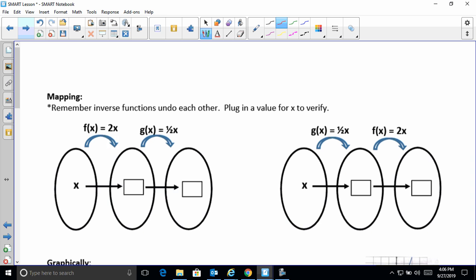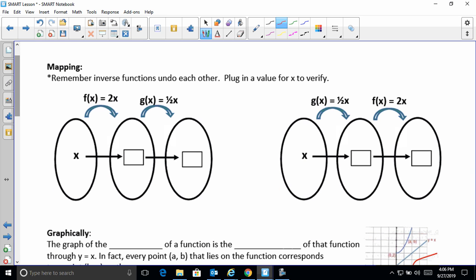Looking at a mapping, we're going back to what I said about them undoing each other. So let's just try something. Here's our f of x, here's our g of x. I'm saying those are inverses, so let's test it. If I plug a 2 in, that's my domain of f. What do I get out?